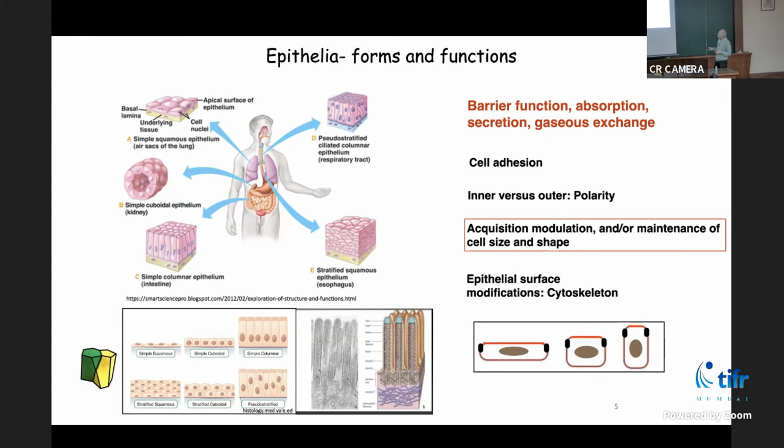So we also look at this, but I'll come to this part a little later. I'm going to start with how the cell sizes and shapes are acquired, and especially in today's talk, I'm going to focus on how you maintain the cell size and cell shape. Once you form a particular cell with a particular shape and size, how do you maintain it?